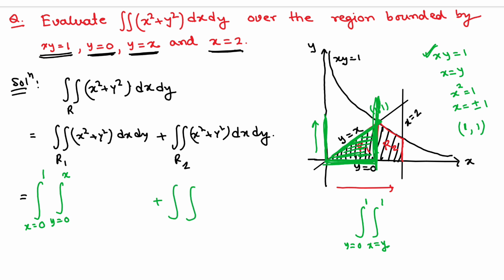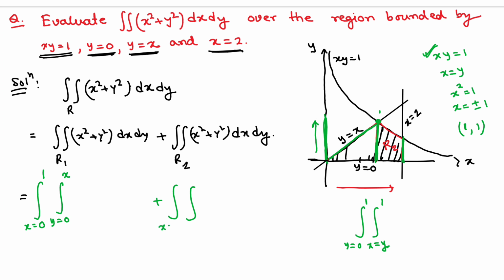r2. Now we have to calculate for r2. In r2 you can see this is the left boundary, where the equation is x equals 1, and this is the right boundary, that means x equals 2.